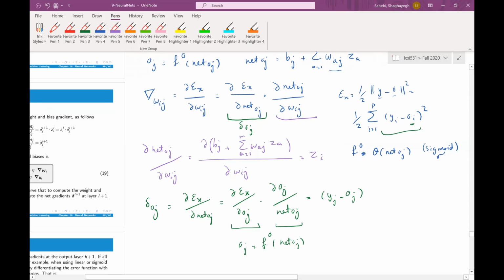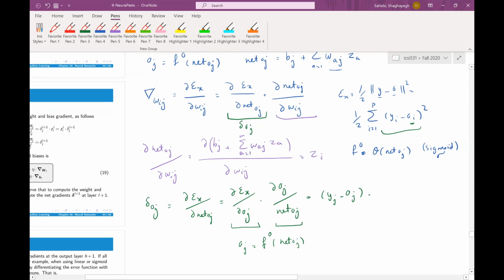So if our F is a sigmoid, we know that the derivative of sigmoid with respect to its parameter is the sigmoid of the parameter multiplied by 1 minus the sigmoid of the parameter. So it's going to be basically OJ, which is the sigmoid of the parameter itself, multiplied by 1 minus OJ.